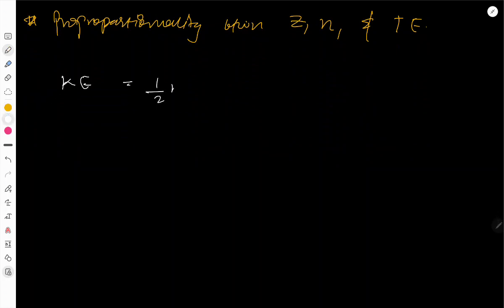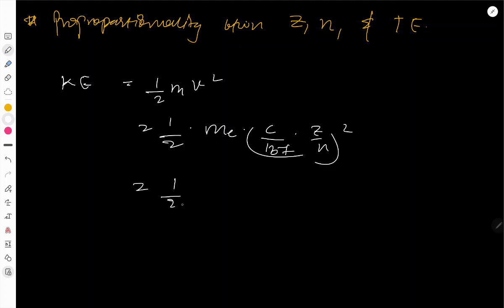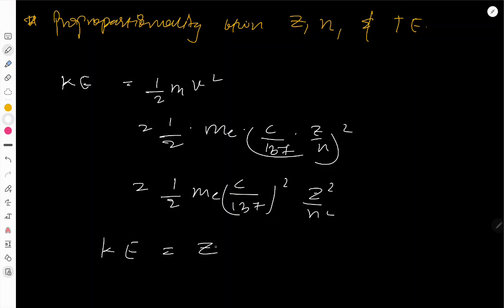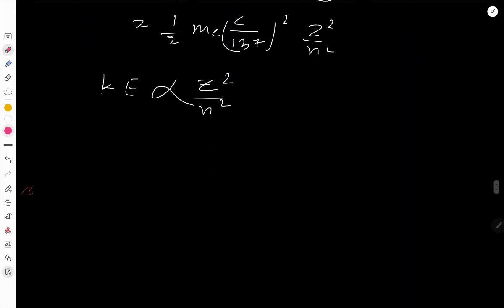It is equal to half m v square, that is half into mass of electron into c upon 137 and z by n the whole square, that is half m e. This is also constant, z square by n square. So kinetic energy is directly proportional to z square by n square.